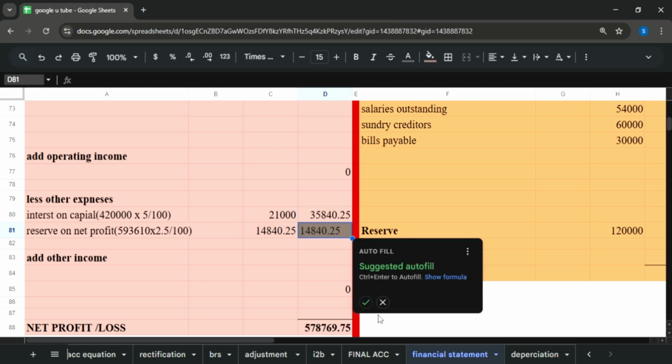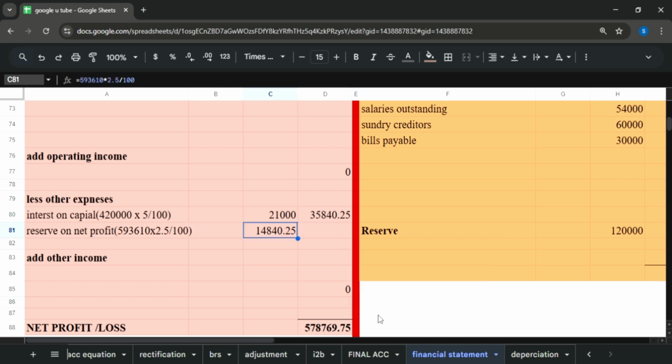All right. So we have got 14840. Once again, we should tally it. 593610, and then 593610 multiplied by 2.5 divided by 100.